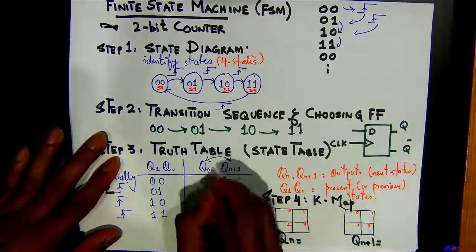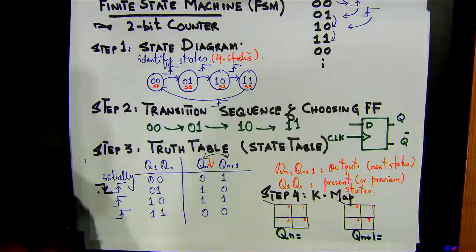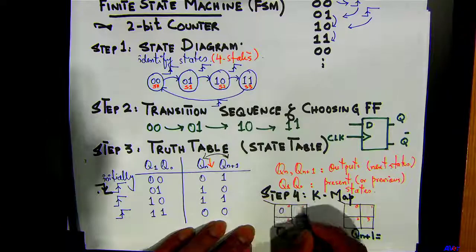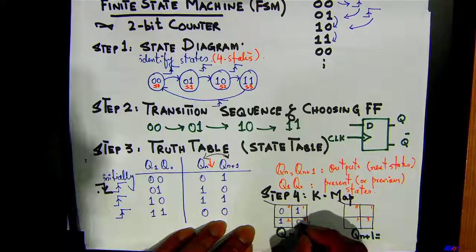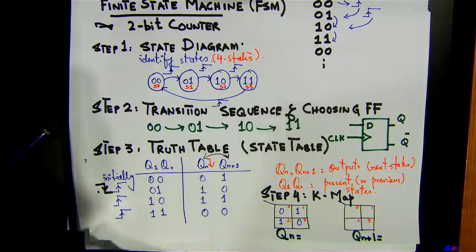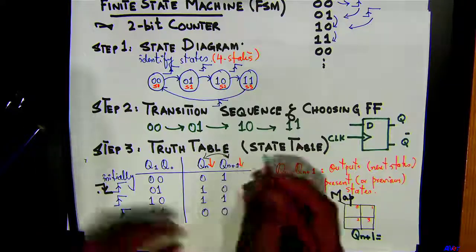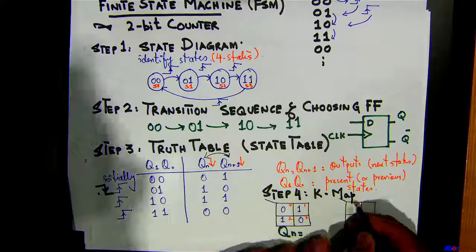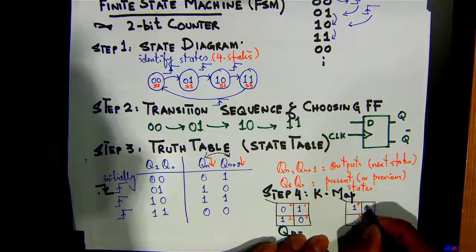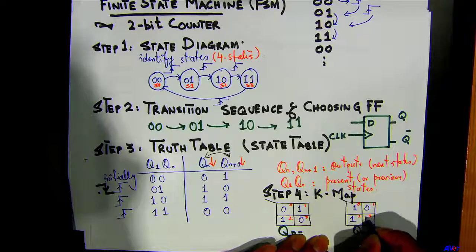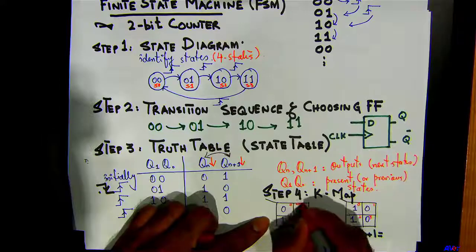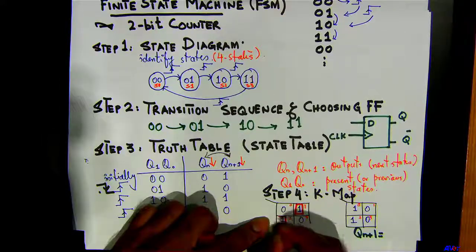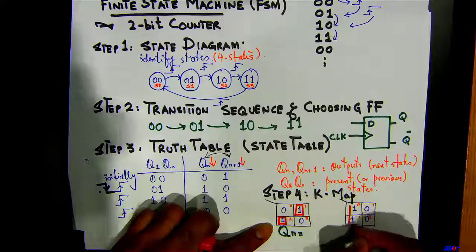let's look at the min terms over here. So you got 0 here, 1 here, 1 here, and then 0 here. For Qn plus 1, let's look at the min terms in this column. So you got 1 here, 0 here, 1 here, and 0 here. So unfortunately we cannot make a pair over here, so this has to be individual right here. And here we can make this pair right here.